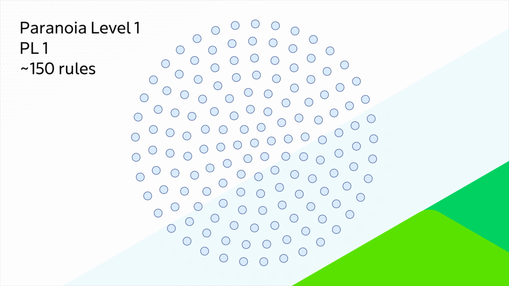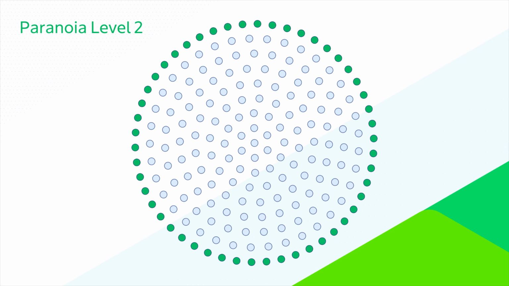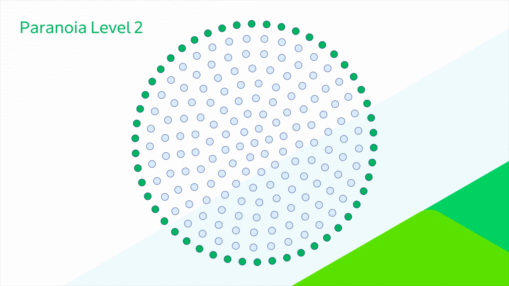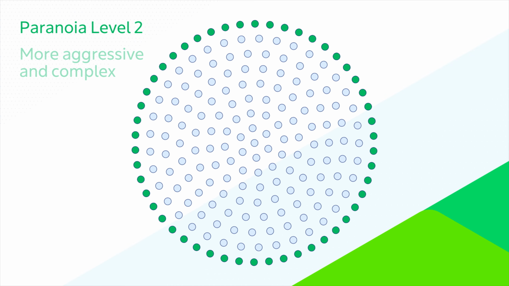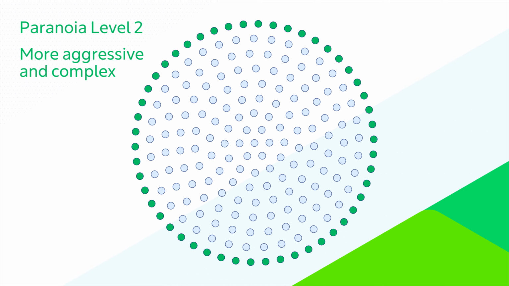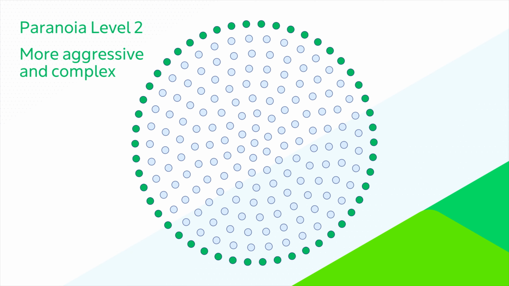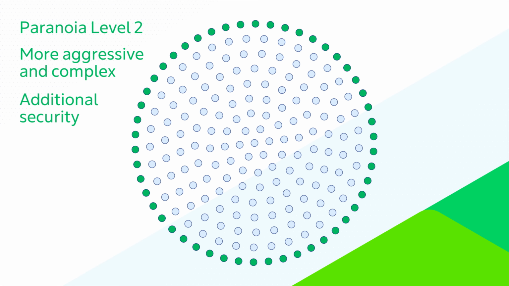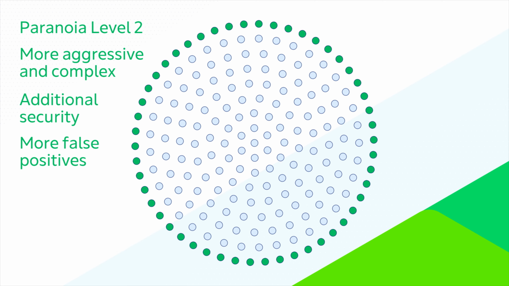Moving up to the next level, Paranoia level 2 introduces an additional layer of approximately 50 detection rules. These additional rules detect a wider array of attacks and are slightly more aggressive and more complex than the more conservative rules of Paranoia level 1. The more aggressive rules of Paranoia level 2 provide additional security, but they have a higher chance of causing false positives with genuine, legitimate traffic.